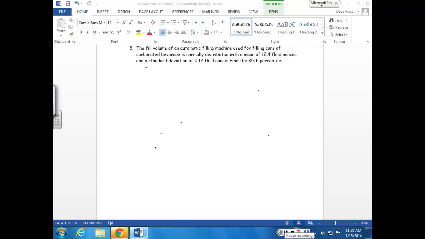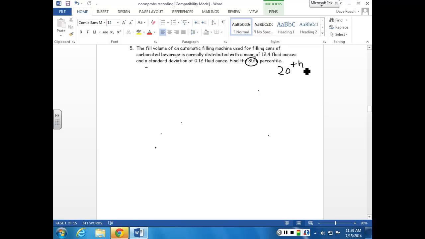Okay, I'm going to use this same problem, but give you one a little bit different. Instead of finding the 85th percentile, I want to find the 20th percentile.